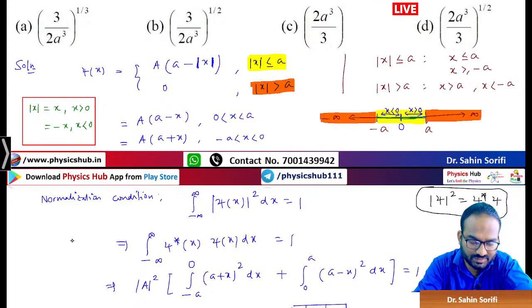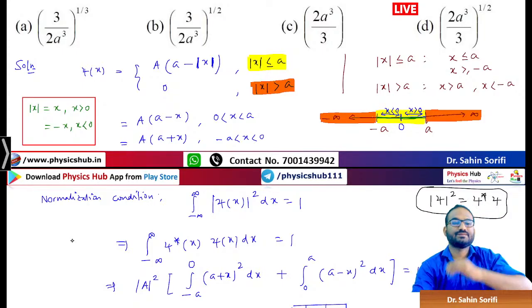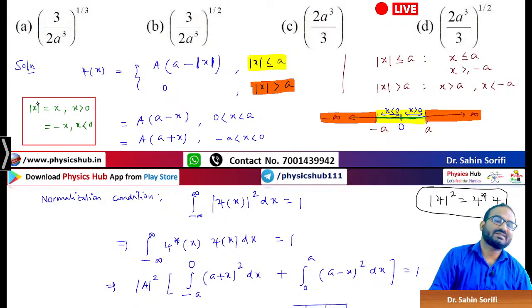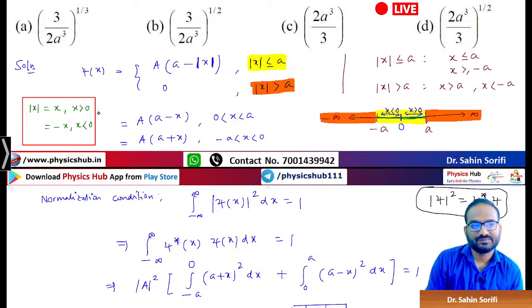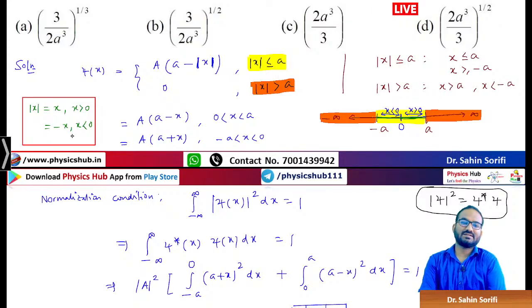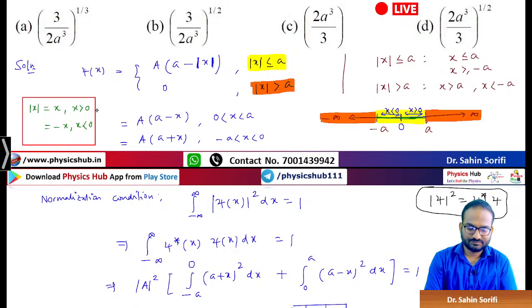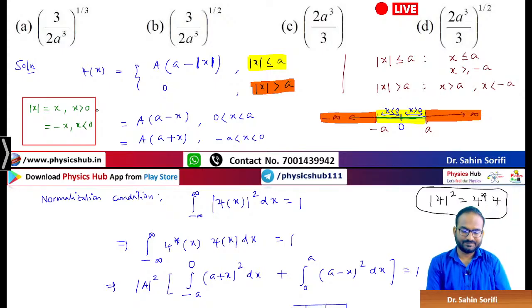Mod is automatic whether x is less than 0 or greater than 0? No. The definition of mod x is this: it is equals to x when x is positive, and it is equals to minus x when x is negative. This is the definition of modulus.